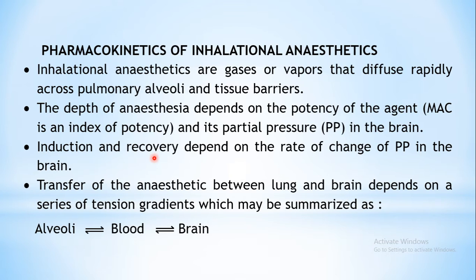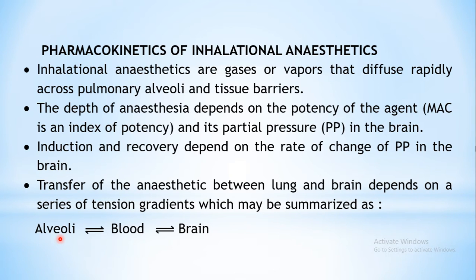Now when anesthetic is administered, it has to cross particular barriers to reach the brain, right? Once it is administered in the form of a gas which is inhaled by the person, along with the air during inspiration, your general anesthetic will reach your alveoli.